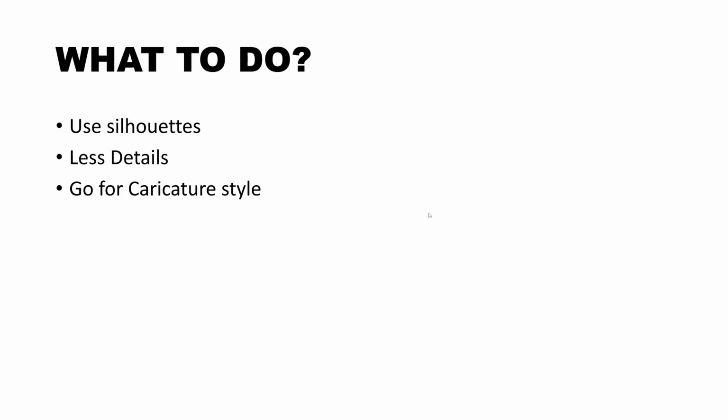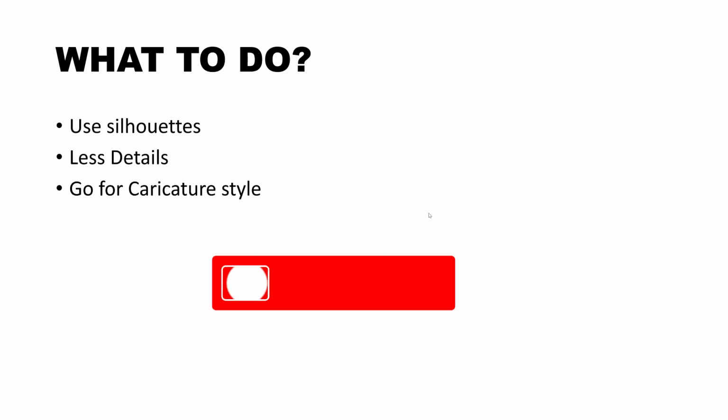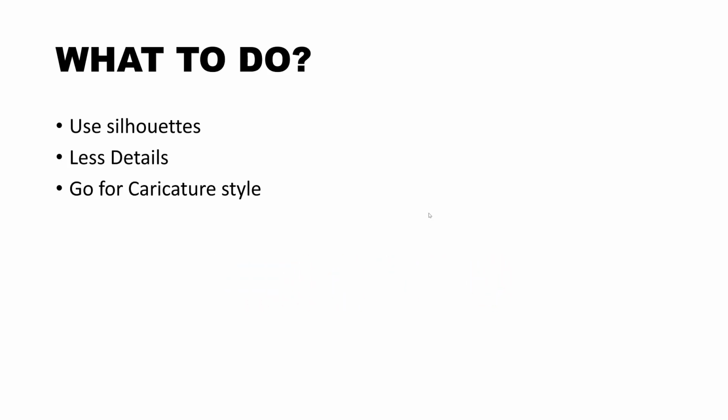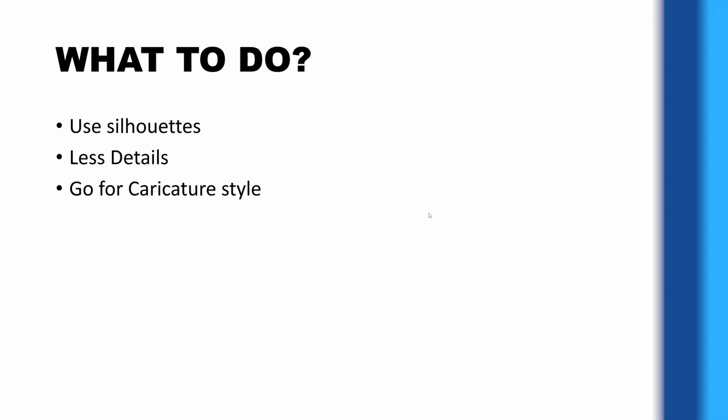Do not put the details exactly in the location where the original vehicle has them, or copy the shape of the lights or the shape of different elements of that vehicle. If you avoid that and try to make it more generalized, with less accurate details, that would be a better way to create these designs when you are targeting these kinds of niches.